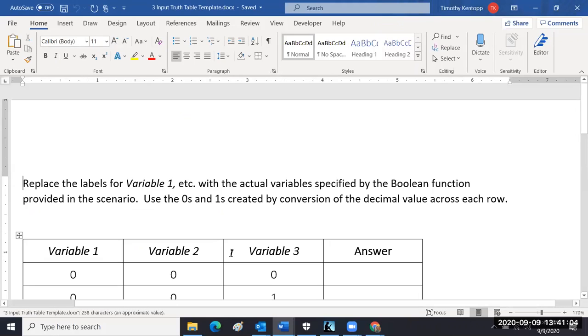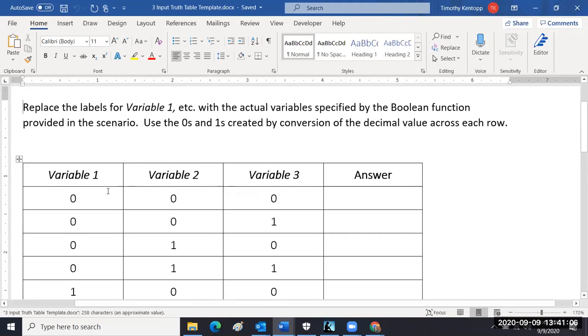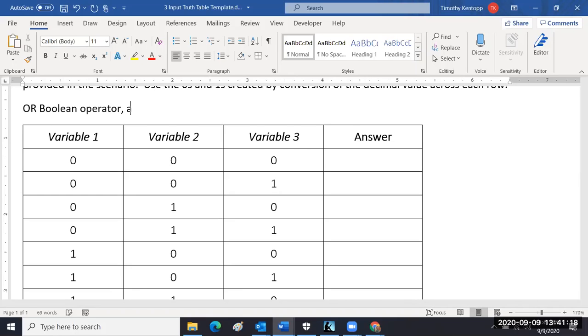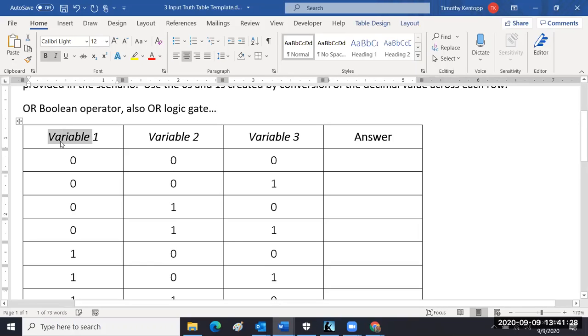Let's say we have an OR operator, right? Whether we have hardware or software, let's say we have input 1, or V1, variable 1, and all the possible values for input here are listed.